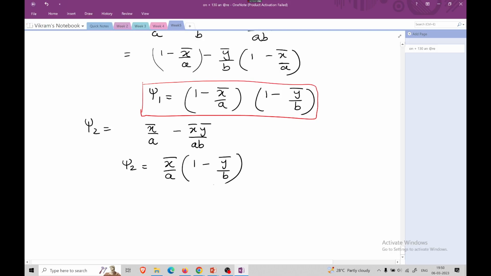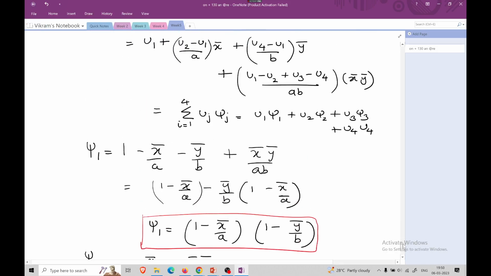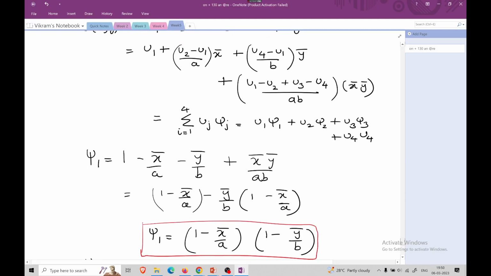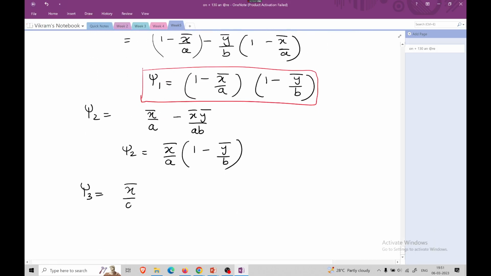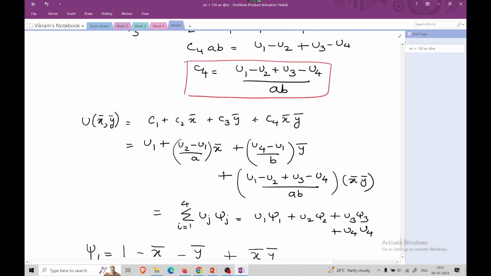Okay. So what is psi 3? I am going to collect the coefficients of u3. What are the coefficients of u3? I think there is only one place. So x bar y bar by ab. Simple. Now what is psi 4? u4, where are u4?